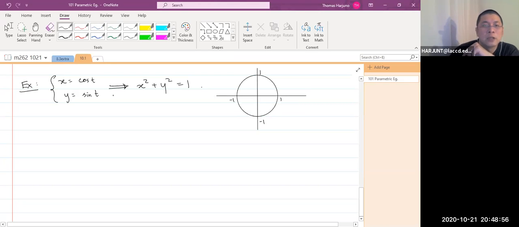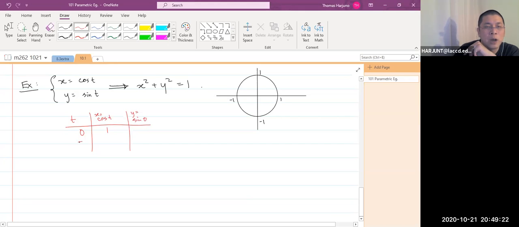In fact, we can trace it. When t equals 0, the cosine t, which is the x, is 1. The y, which is the sine t, is 0.